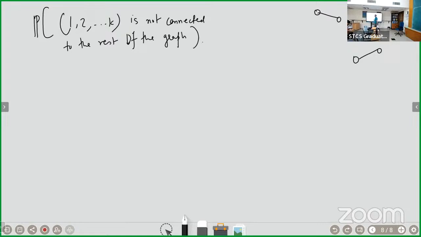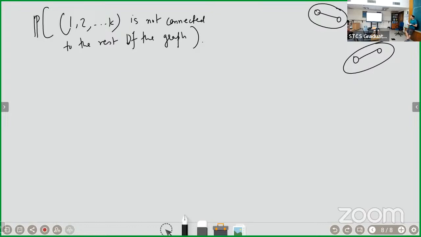Pick any k nodes and compute the probability that they are not connected to the rest of the graph. That means there should be no connection to the rest of the graph, so essentially it's just a partition. So what is that probability? You can bound it at least, or you can write it exactly.